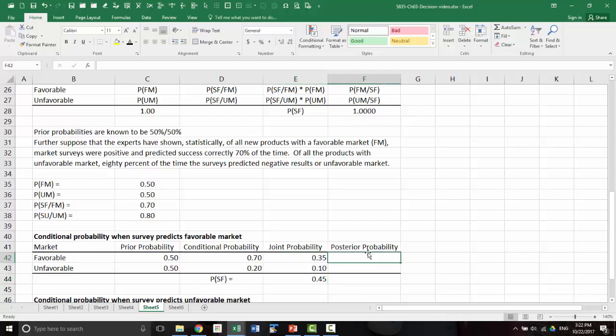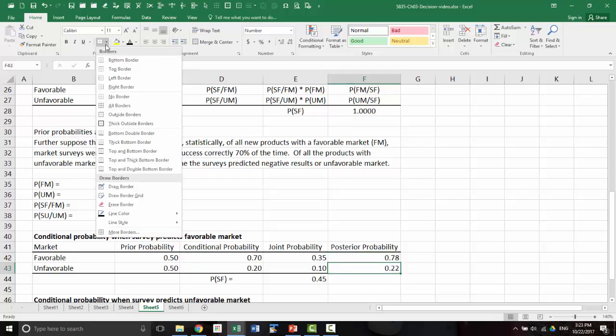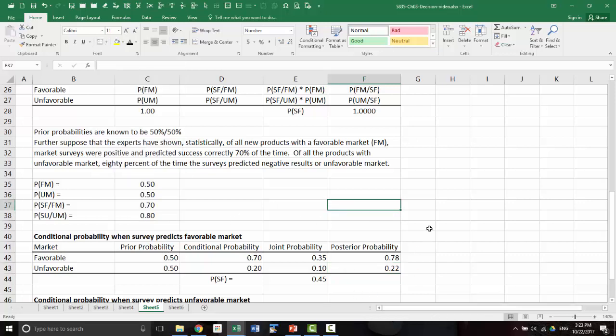Then you divide the joint probability, I'm going to absolute reference that, by the marginal probability, and you get the posterior probability. And this is how we get the two probabilities when the survey predicts favorable market.